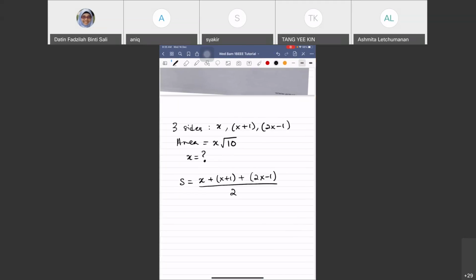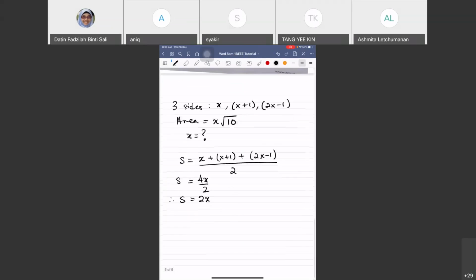This is the formula for the s. So you just need to open up the bracket, and you will get your s equals 4x, and then plus 1 and minus 1 cancel. So that means 4x over 2, or in other words, you get your 2x here. This is your s.